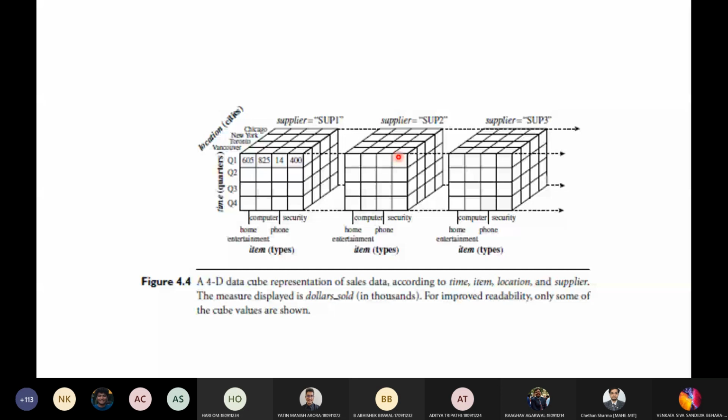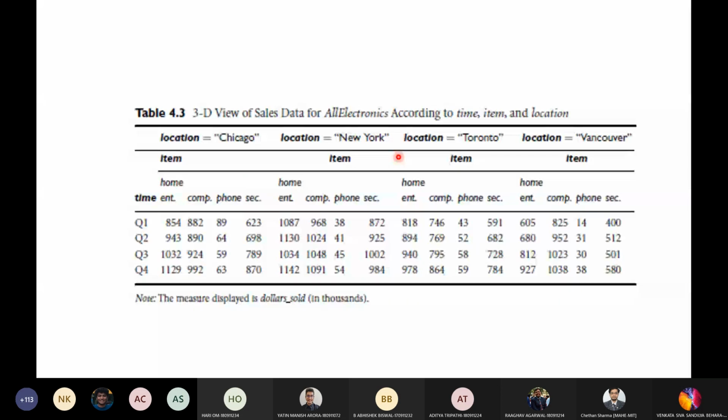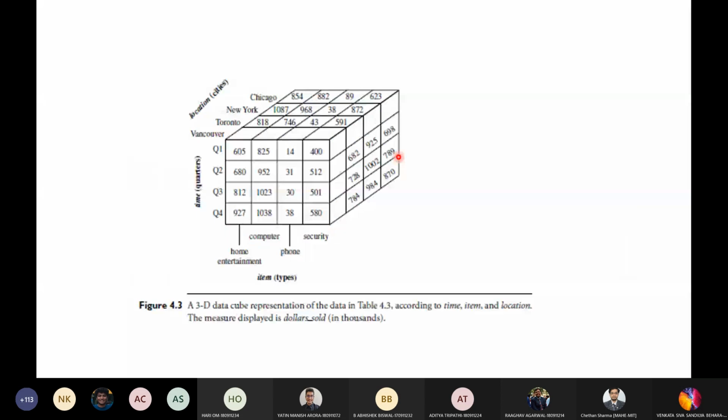So given a set of dimensions, that is, what dimensions you need or how many dimensions you need, you can generate a cuboid for each of the possible dimensions. Okay. So it's like the result.